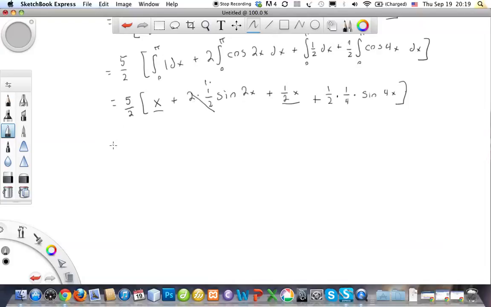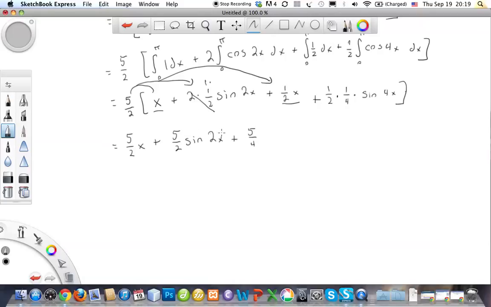So I'm going to distribute this 5/2. So 5/2 times x, 5/2 x, plus, okay, we're going to have a 5/2 sine of 2x, plus, I forgot to combine those, but 5/2 plus 1/2 is going to give me a 5/4.